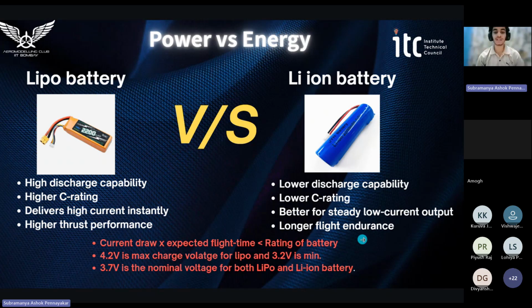I've listed it down here. The key point to be mentioned here is that current draw times expected flight time should be less than the rating of the battery, and 4.2 volt is the max charge voltage for LiPo and 3.2 volt the minimum. And as I said, 3.7 is the nominal voltage for both lithium polymer and lithium ion battery.